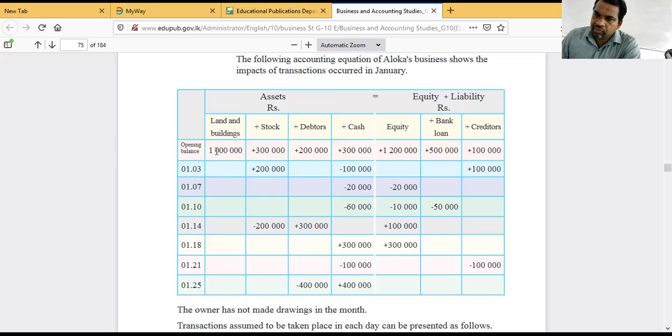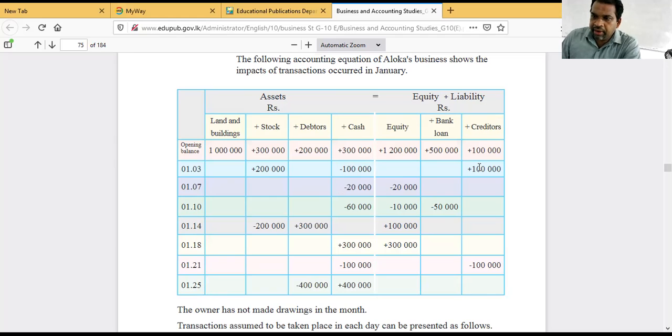Number one, you don't need to explain opening balances. You have to explain the transactions that occurred from 3rd January to 25th January. If you take number one, the first transaction occurred on 3rd January. Under stock, they have mentioned plus 200,000, under cash minus 100,000, under creditors plus 100,000. You know, if you have made a payment, then there can be a decrease in cash. That's why they have put minus 100,000.